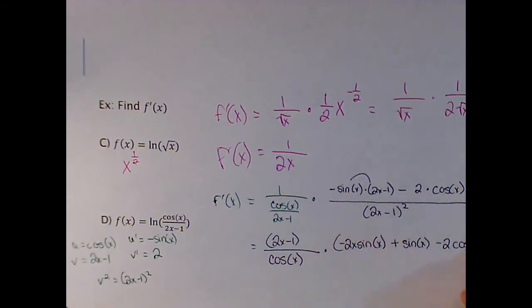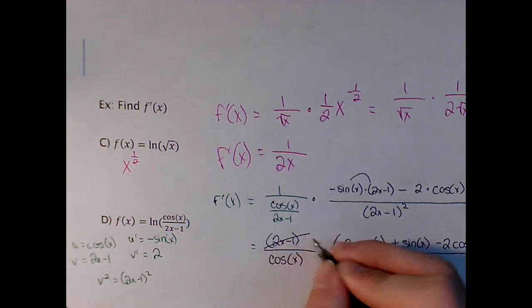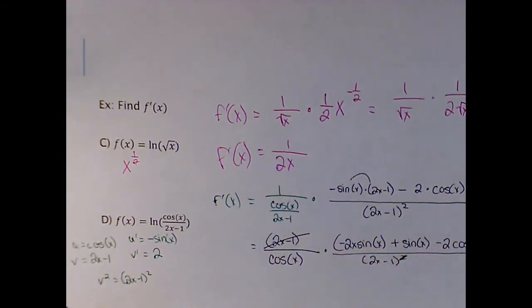That's technically all in parentheses too, over 2x minus 1 squared.